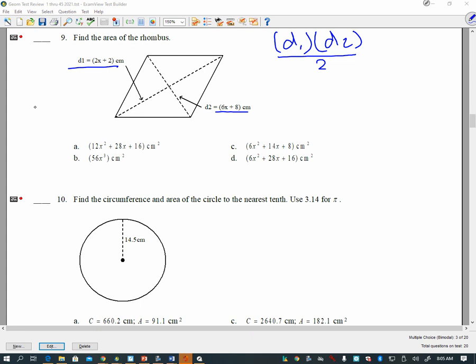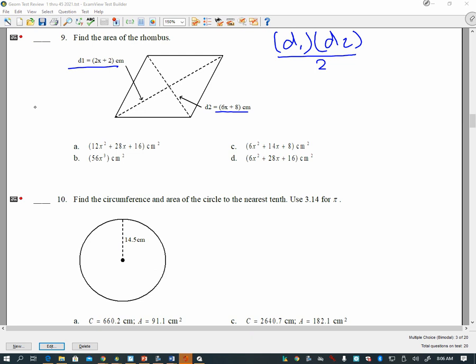I would dare say that most people get this question wrong because they forget to do what? Divide by 2. How do I multiply D1 and D2, Chase? Is there a word for it? Not cross multiply. It's more complex.